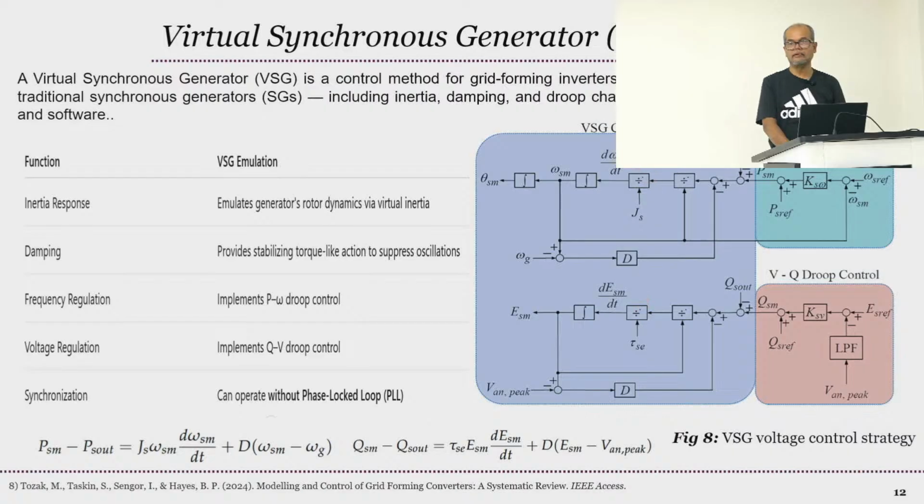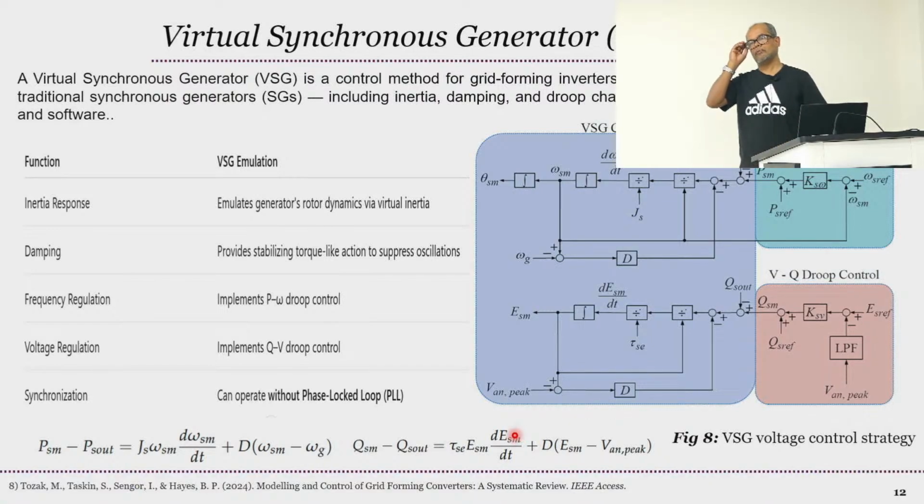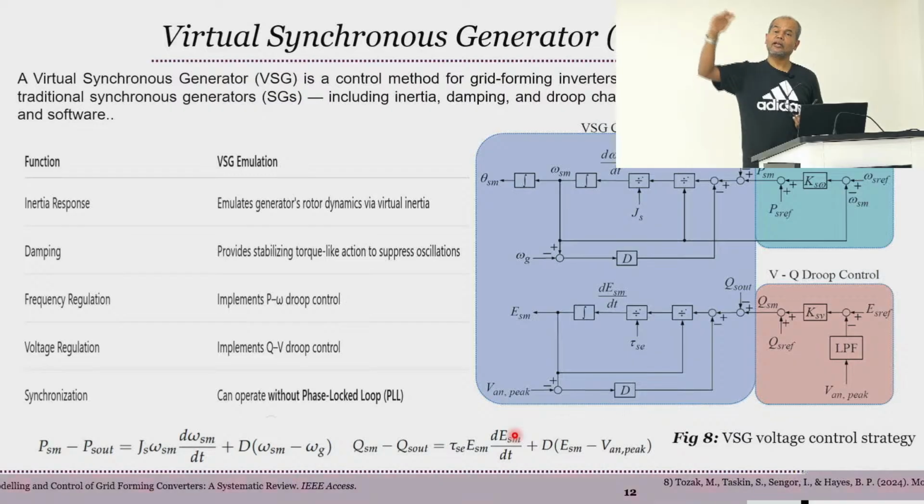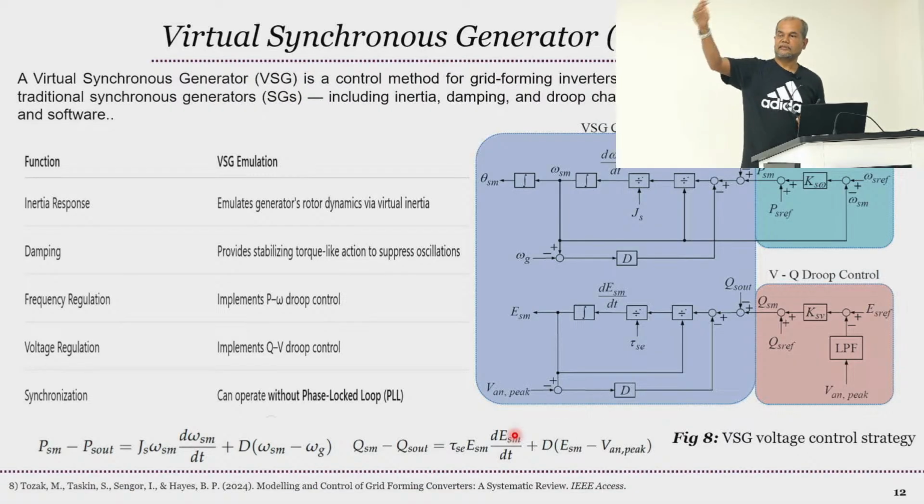Now how can we design this? Again, based on two simple equations. This one is the swing equation, and this one is the internal EMF in the synchronous generator. Sometimes we model the synchronous generator as first order, sometimes second order, and you can also go fifth order, seventh order, depending on your requirement.